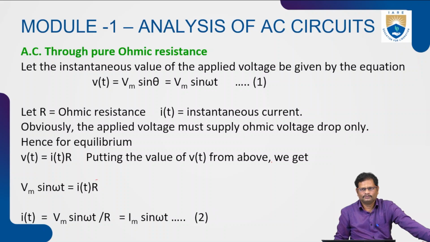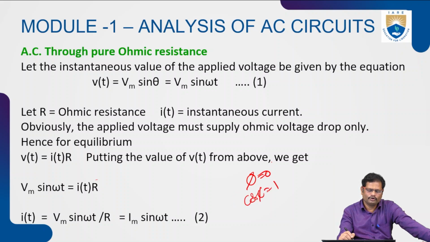The power factor is also unity for a pure resistor. Power factor is the cosine of the phase angle difference between supply voltage and current. So in this, there is no phase difference, so phi equal to 0 and cos phi equal to unity. So in a pure resistor, the power factor is unity.